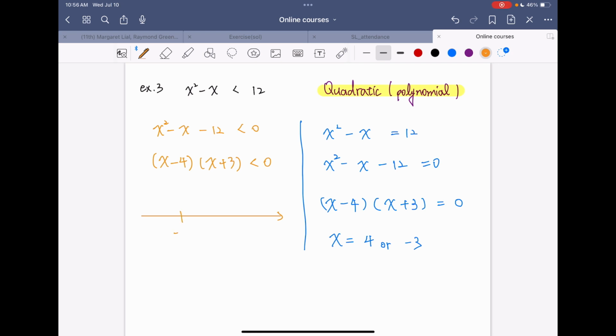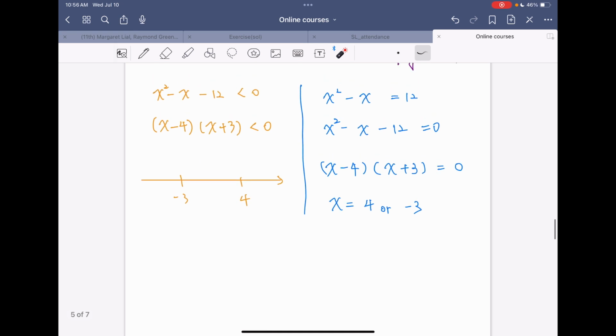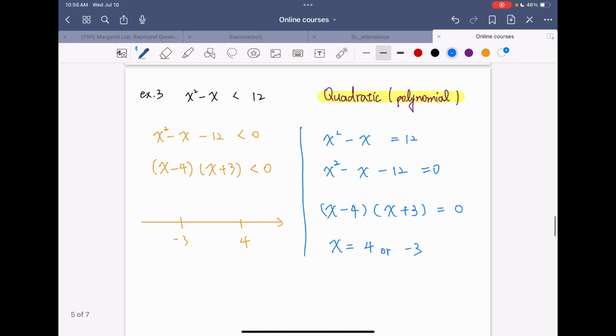Here we have minus 3 and 4, and there we have 3 ranges. It splits the line into 3 different areas, and we will test each part one by one. For the first area, we will take, let's say, minus 4, 0 for the middle because it's the easiest number, and then 5.